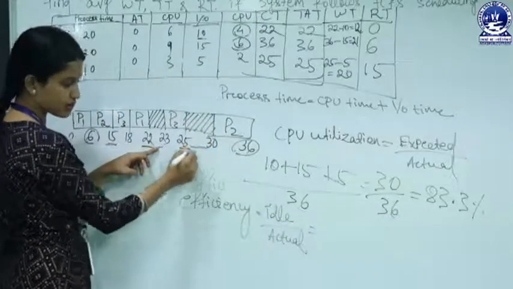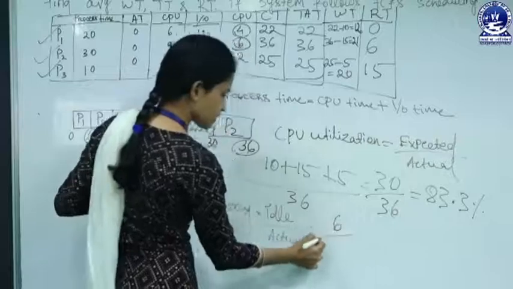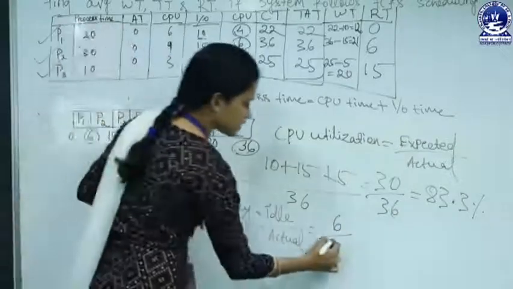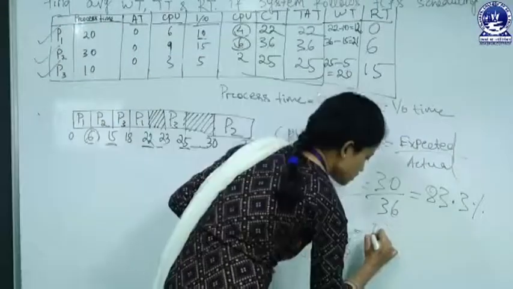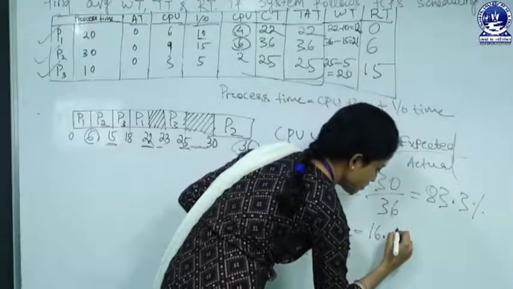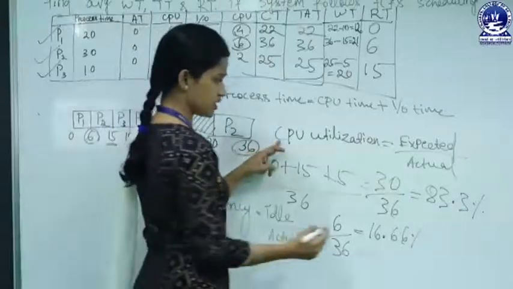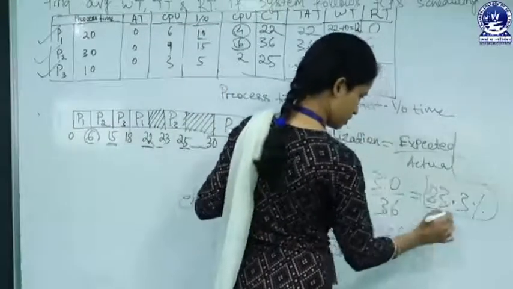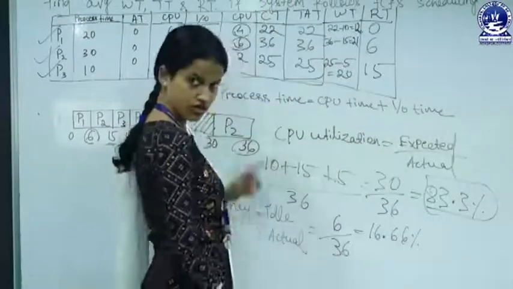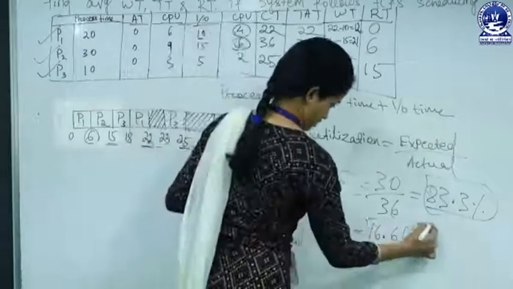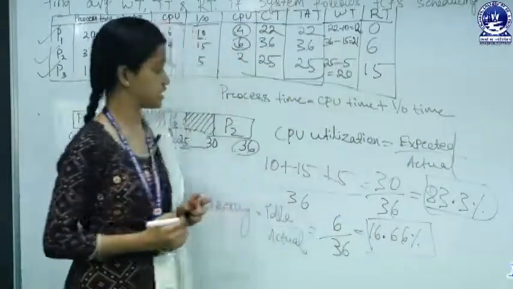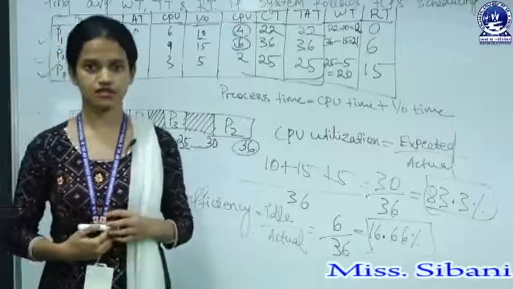So, 1 plus 5, that is 6, by actual time 36. So, the percentage is 16.66%. So, the CPU utilization is 83.3% and the efficiency of the CPU is 16.66%. That's all.